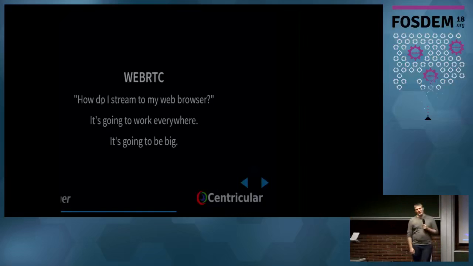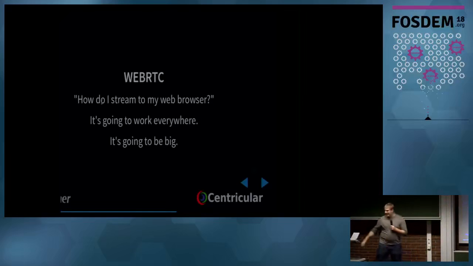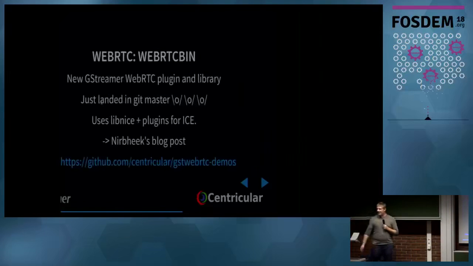But WebRTC, of course, has different advantages and disadvantages. Adaptive streaming, HLS and Dash, is made to be scalable, but still, I think WebRTC is going to be big because it's going to work everywhere. It's going to work in most recent browsers sooner or later. So yesterday, we merged the GStreamer WebRTC plugin and library into GStreamer plugins bad.